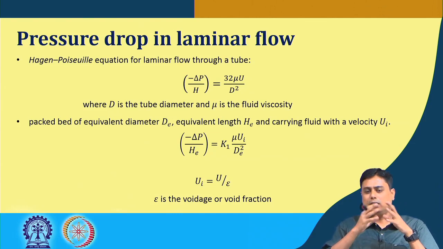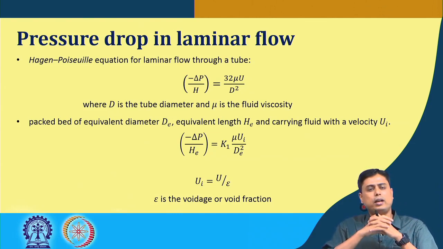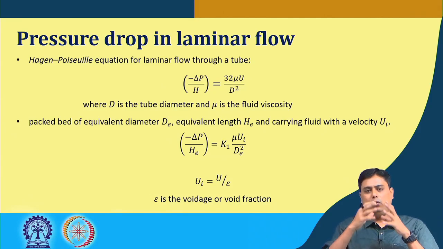And if you can imagine that, you can think of an equivalent diameter dE with an equivalent height HE, carrying a fluid of velocity ui. This ui we call the local velocity or the interstitial velocity, the velocity in the interstices between the particles.